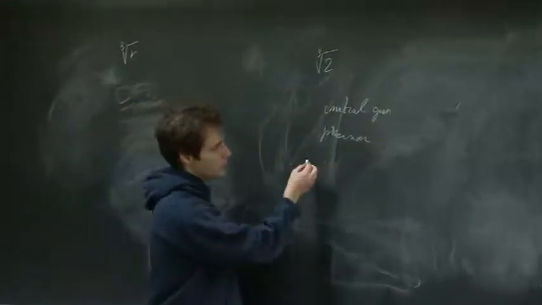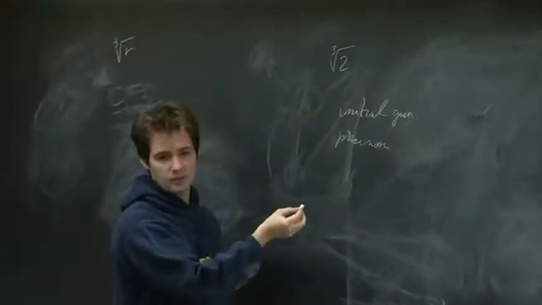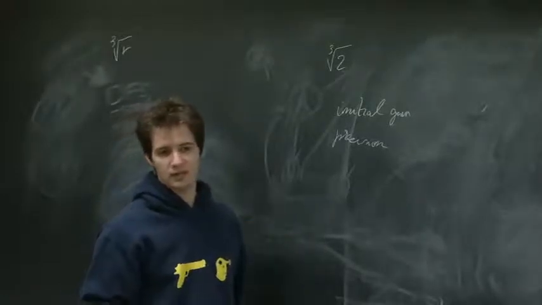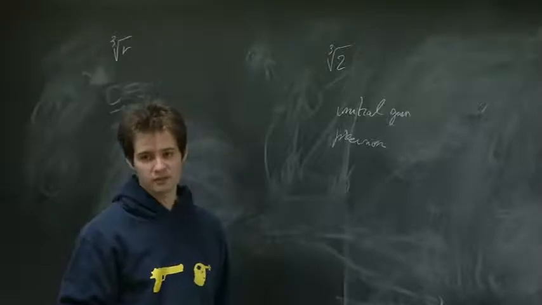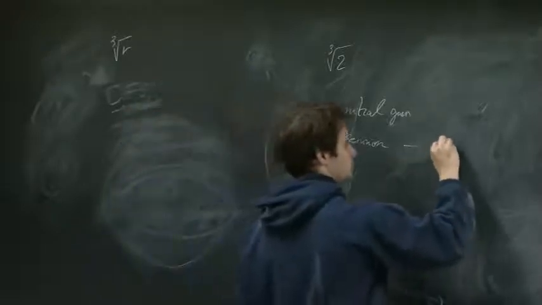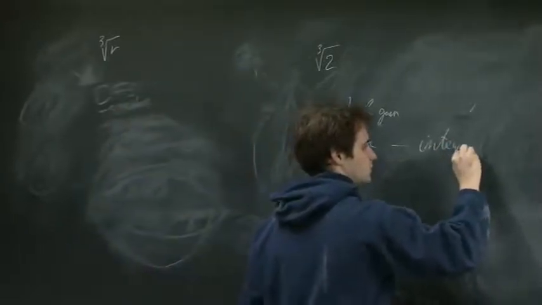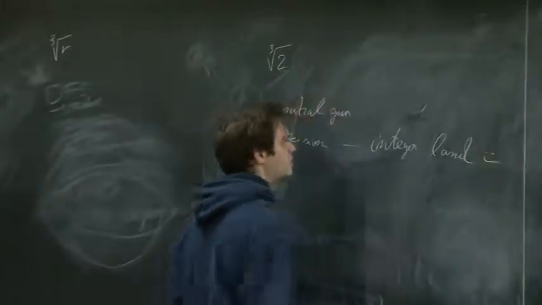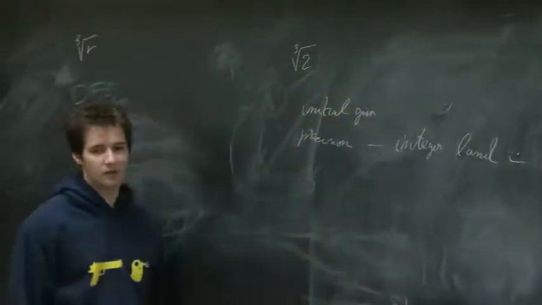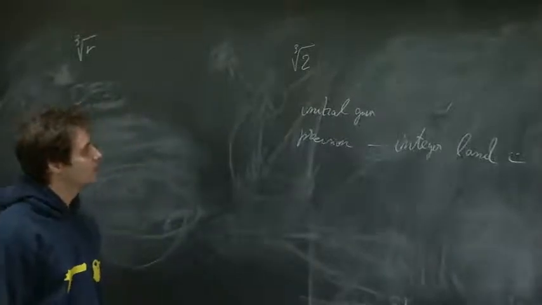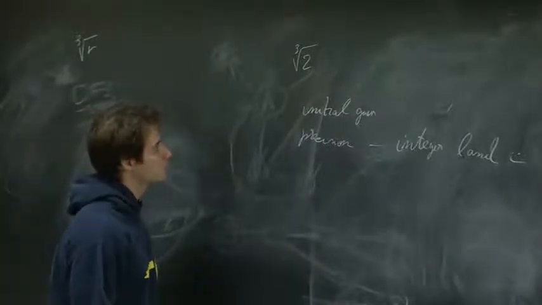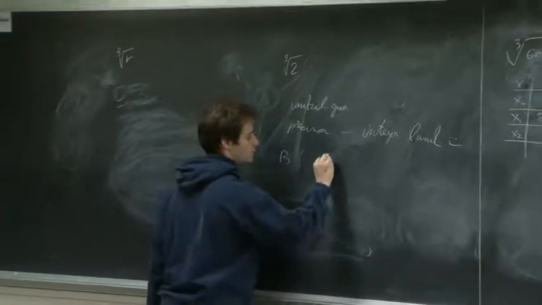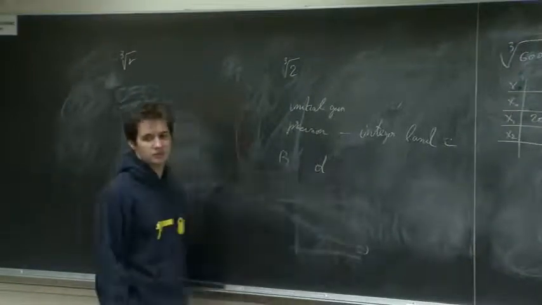So we're going to say that we're happy with some amount of precision in the answer. And then we're going to do something that lets us do all our computations in integer land, because that's a happy place. So suppose I'm working in base B and I want D digits of precision.